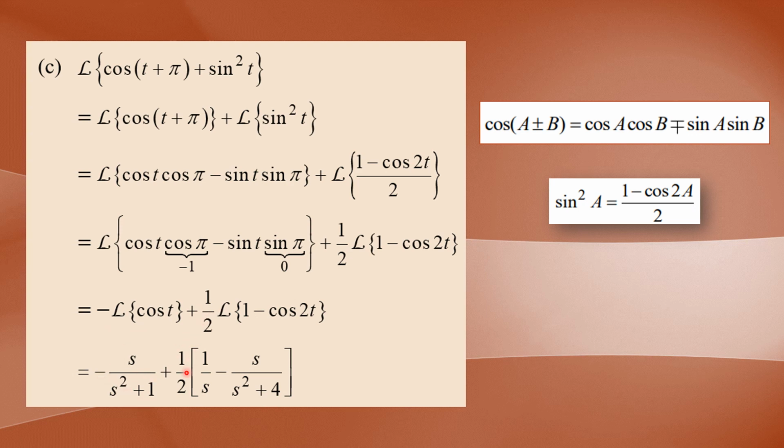Plus a half multiplied by, now the Laplace transform of 1 is 1 over s, minus the Laplace transform of cos 2t, where k is equal to 2, that will be s divided by s squared plus 4. So this is the result for the Laplace transform of this given function.